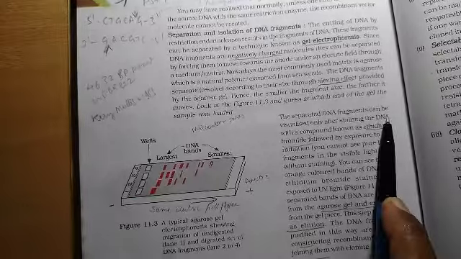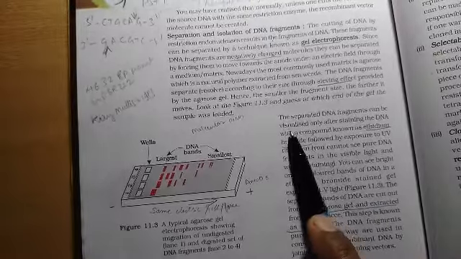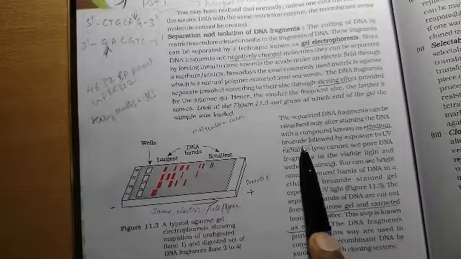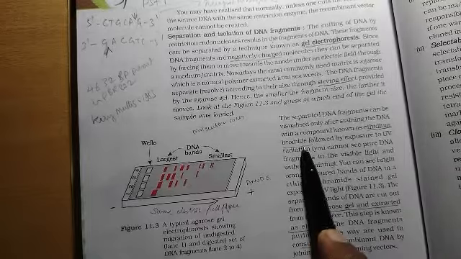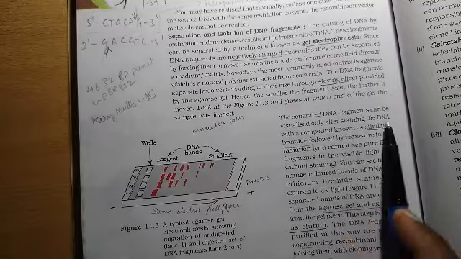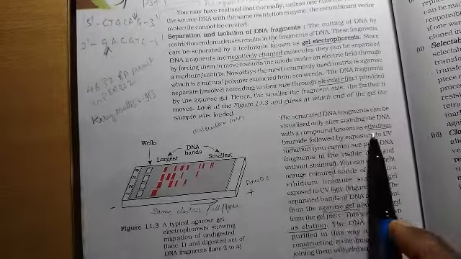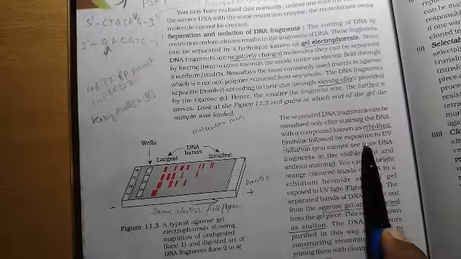The separated DNA fragments can be visualized only after staining the DNA with a compound known as ethidium bromide. Care must be taken, as it may be mutagenic.